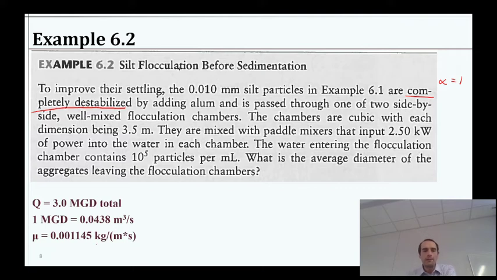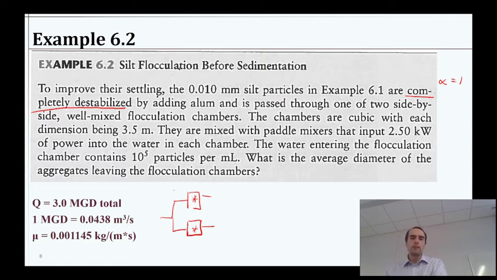So it said passed through, so this is going to be a continuous flow. We have two side-by-side chambers. So I'm going to go ahead and draw that. These are both flocculation chambers, so we have some sort of mixing happening in here. And the chambers are cubic, so that makes the volume calculation pretty easy.